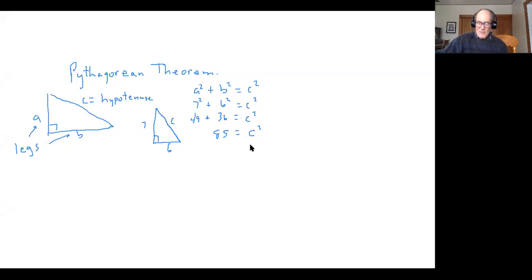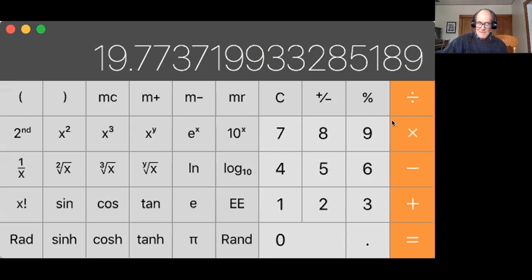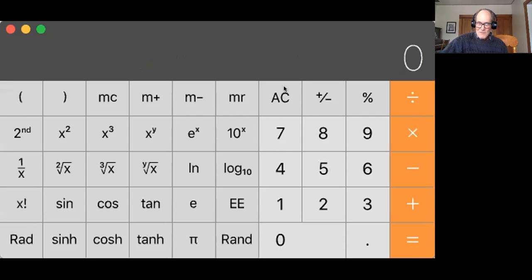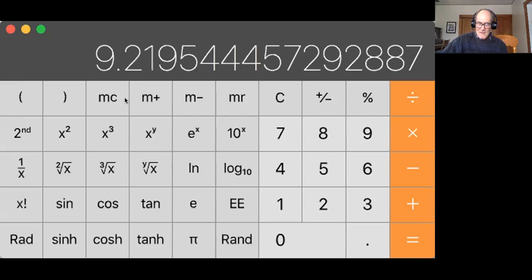Now I don't want to know what C squared is, I want to know what C is, so I have to take the square root of both sides, and that's going to take a calculator for me, because I don't have that one right off the top of my head. So the square root of 85 turns out to be 9.2195444572292, and so forth.